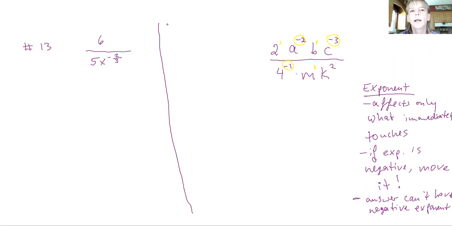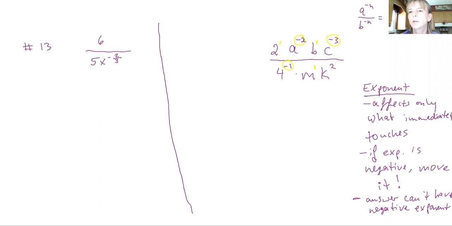Sometimes in class, students get confused. They see one negative exponent and they want to flip everything, because they see this rule here, and yes, it is flipped.